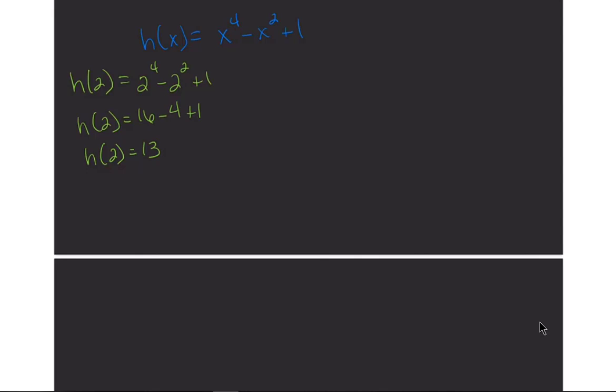What if I wanted you guys to find h of negative 1? What are we going to do? Put negative 1 in for x. So I'm going to put this one in parentheses just because it's a negative. So I'd have (negative 1) to the 4th minus (negative 1) squared plus 1. So you guys do the math and I'll do the math and we'll see if we get the same answer.